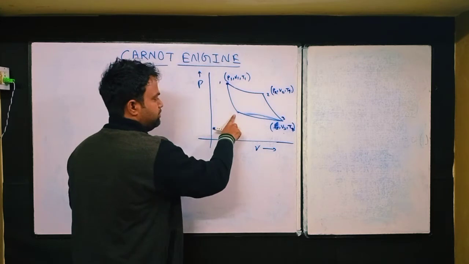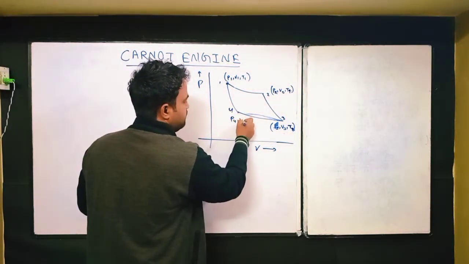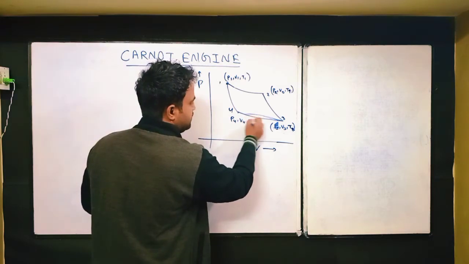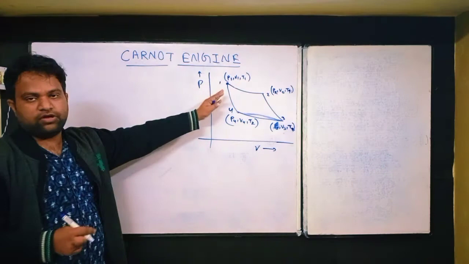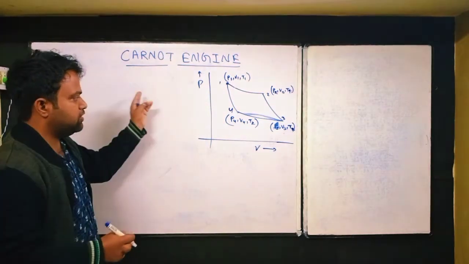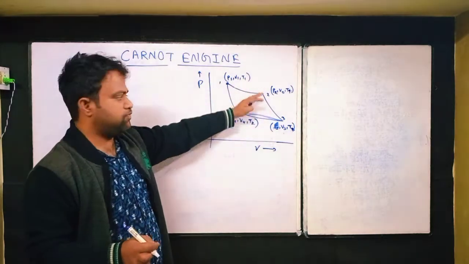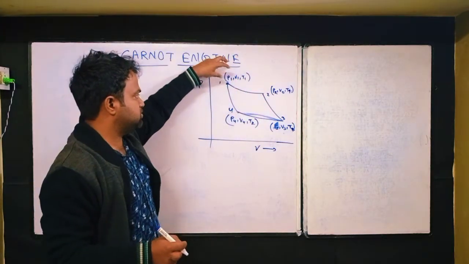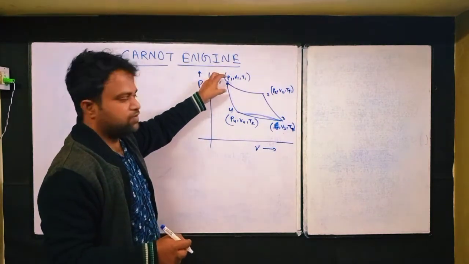Now at the fourth position, the pressure is P4, volume V4, and temperature is T2. So this is your reversible Carnot cycle, these points 1, 2, 3, 4. This is the beginning of our discussion.